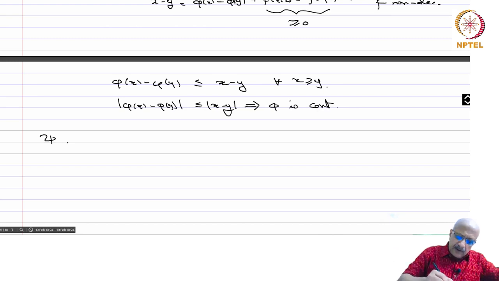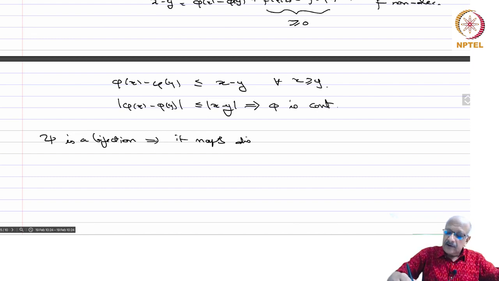So now psi is a bijection, which implies it maps disjoint sets into disjoint sets, onto.